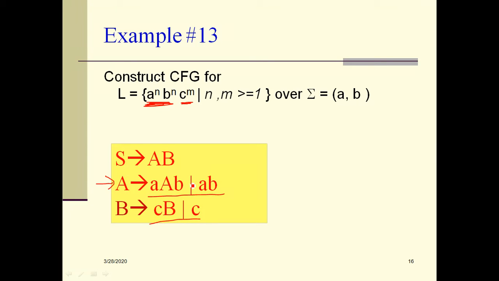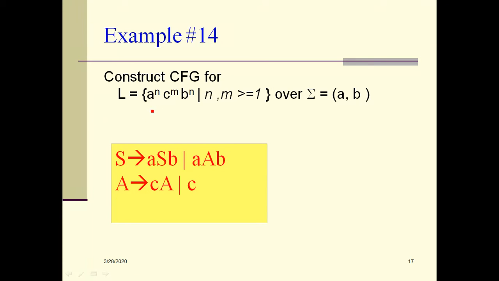So finally, we actually have two languages. This is language L1, where A and B are equal, and this is language L2, with one or more C's, and these two languages are concatenated. So finally the language is L equal to L1 dot L2, concatenation, right? Okay, done.